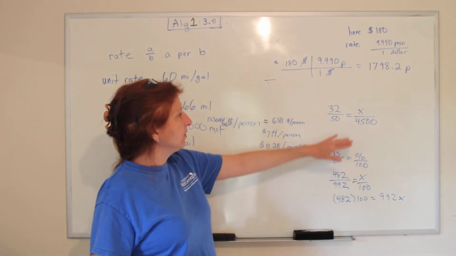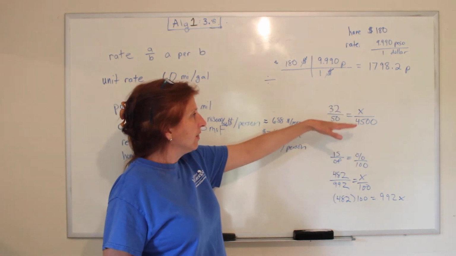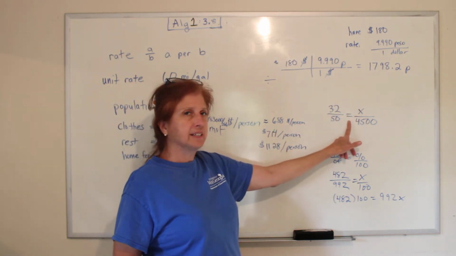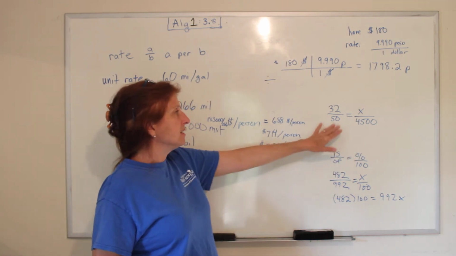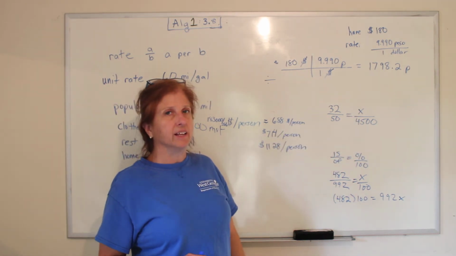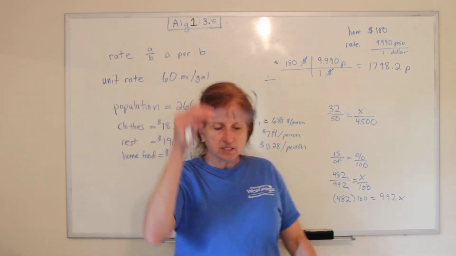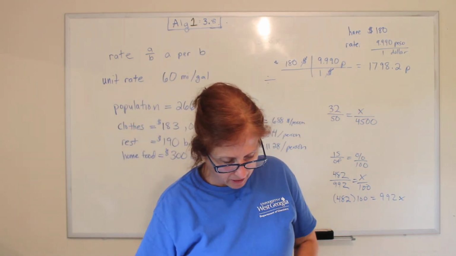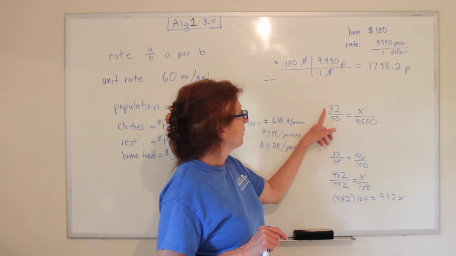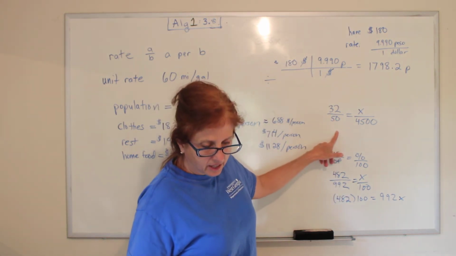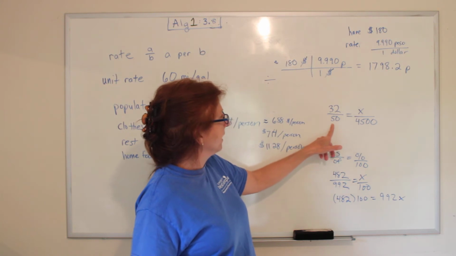All right, if you have two fractions on both sides of the equals, the easiest way to solve for x is to cross multiply and solve for x. This is a problem in your book about tulip bulbs, and 32 were resistant, I guess to fungus or something, out of 50.